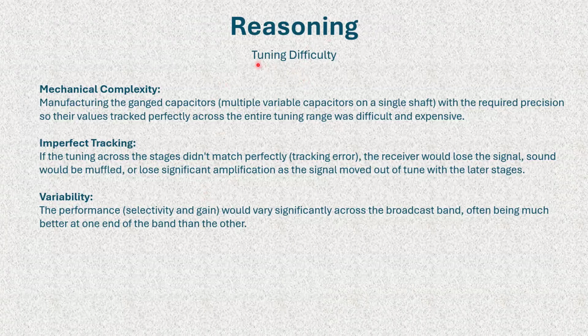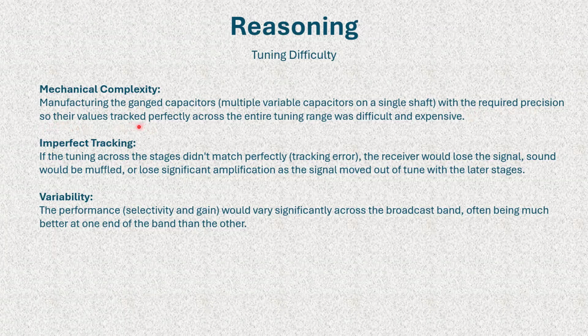What is the reasoning? Well, the reasoning was the tuning difficulty, and the reasoning for the superheterodyne, we stay on topic here. So, mechanical complexity. Manufacturing the ganged capacitors, or multiple variable capacitors on a single shaft, you could do that with the required precision so the values tracked.